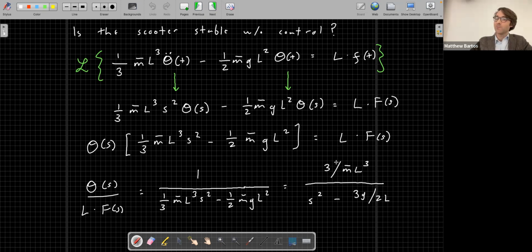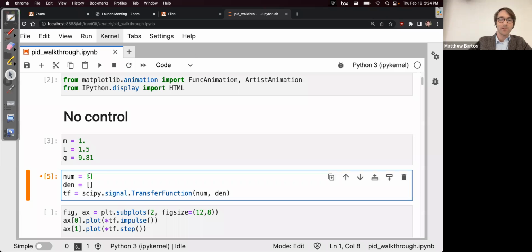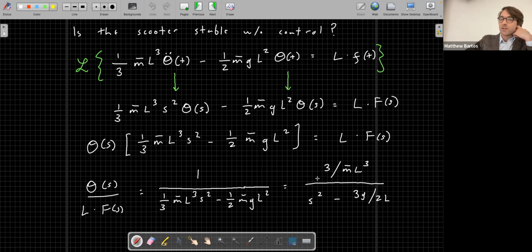So we'll have one coefficient, and it'll be equal to 3 divided by m times L cubed. So in the numerator, we can put 3 divided by m divided by L cubed. And the denominator, well, first of all, how many places are we going to have? 3, right? We have one for the s squared term, one for the s term, and one for the constant term.